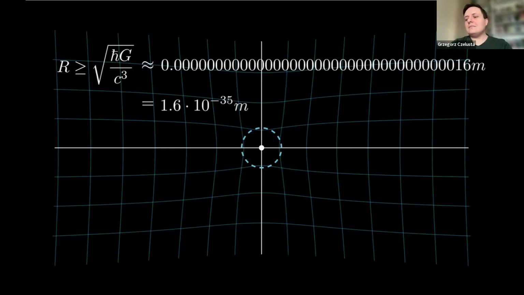So there are no experiments currently which can probe space at such small distances. But we see that at these distances, probably there is some fundamental disagreement between classical gravity and quantum mechanics. And this is one of the simplest arguments to justify the existence of quantum gravity.